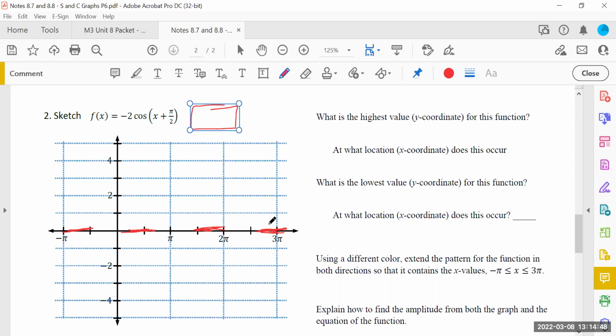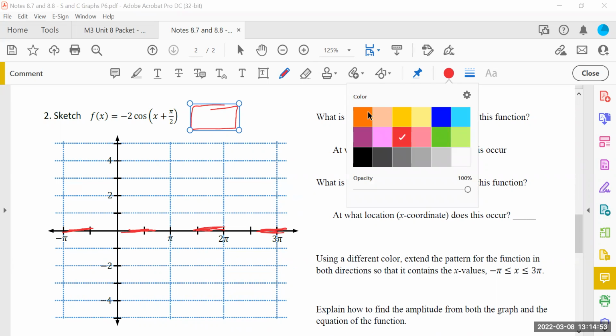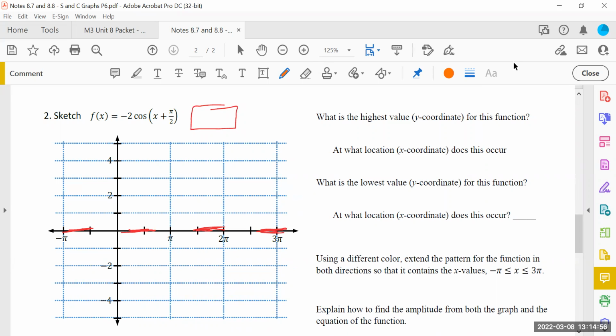Our amplitude going up and down, let's get that from right here, -2. So the amplitude is actually +2, right? The absolute value. So 2 above and 2 below.